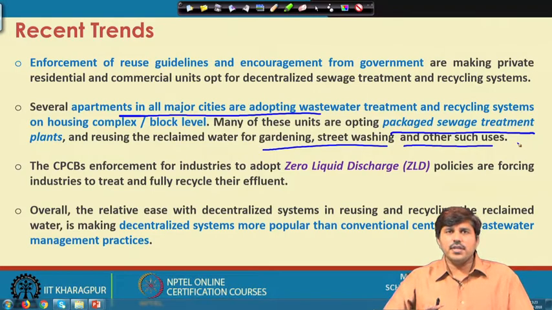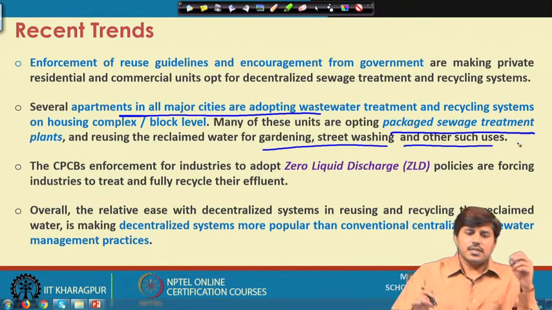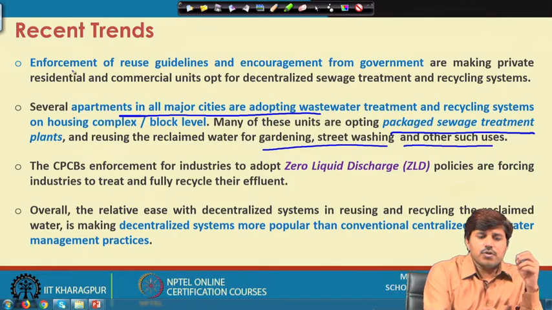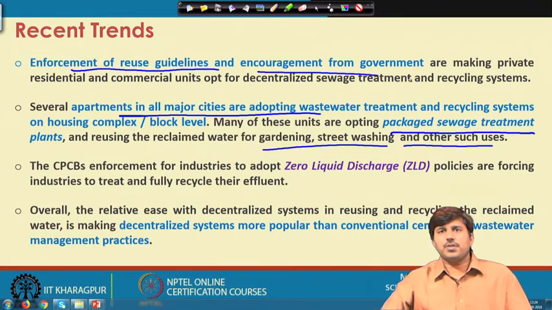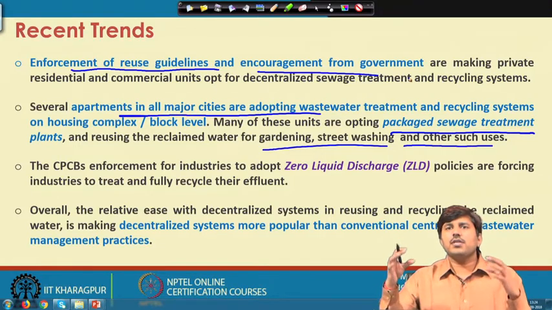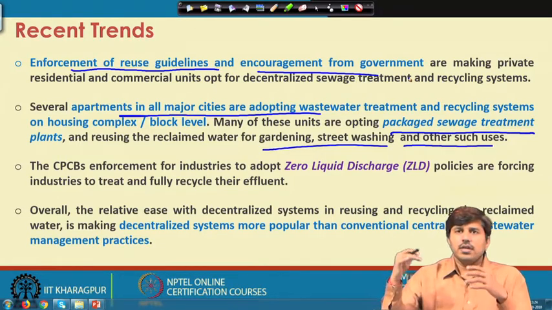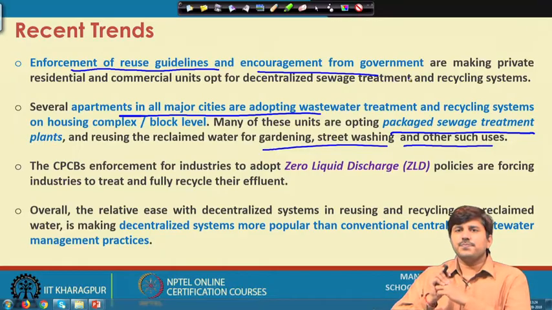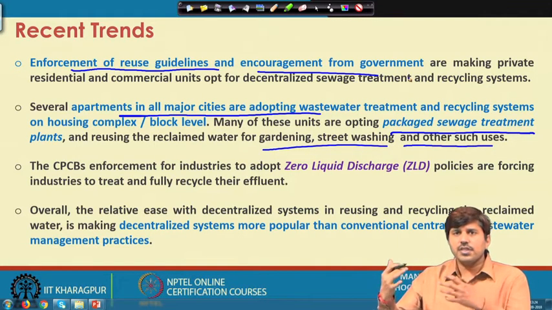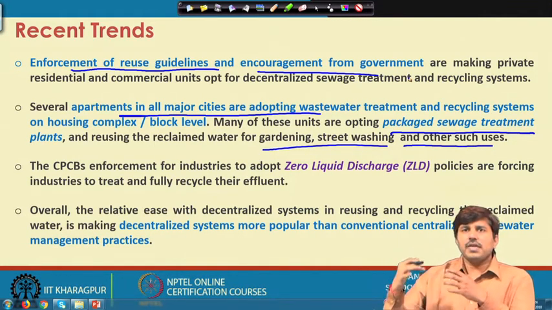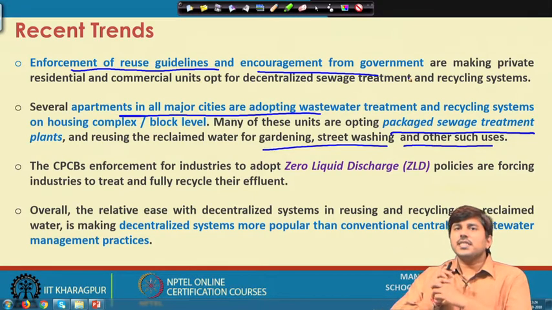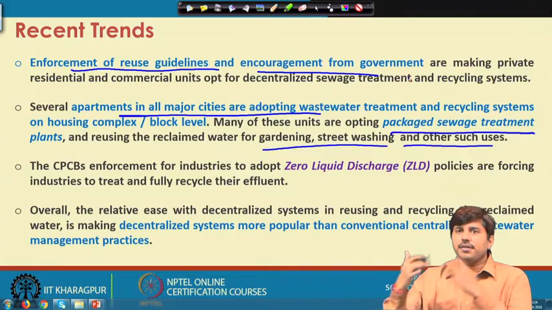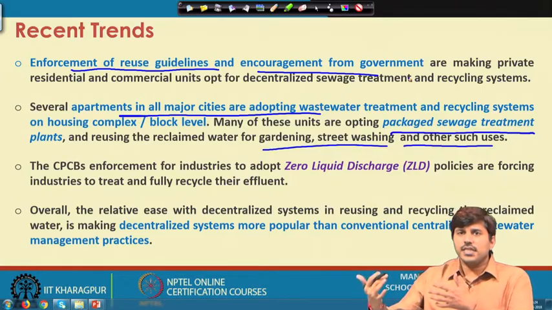Now, the point here is that this is probably done because of the enforcement of reuse guidelines or encouragement options. In many places the government, state bodies or city authorities are forcing the complex owners to go for these facilities, and at many places these are being encouraged by announcing certain incentives.